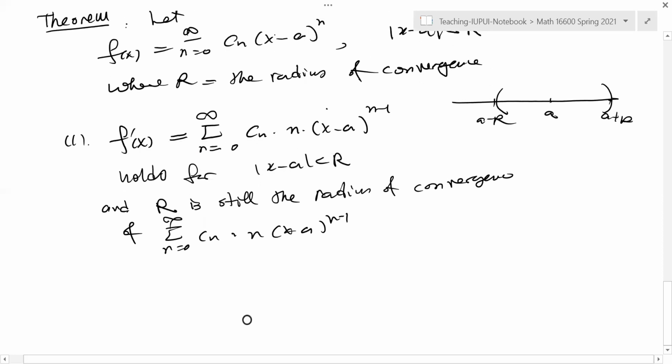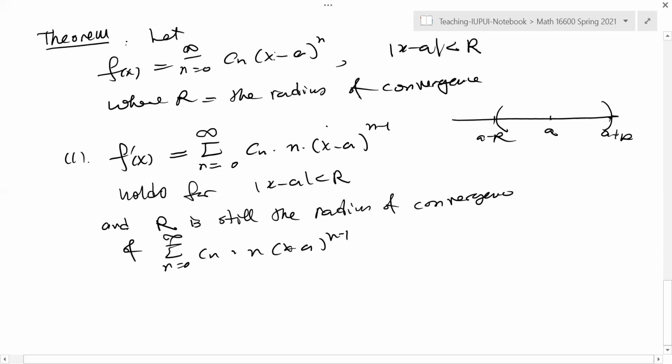Clear, right? You give a series that is convergent over that open interval, then I differentiate each term and get a new series. The new series still has the same radius of convergence. And not only that, this new series is just the derivative of the function.